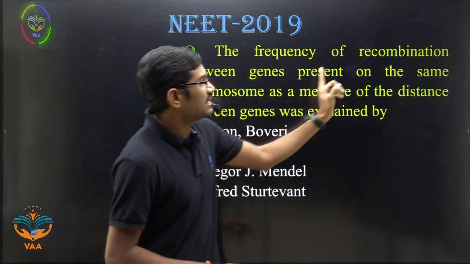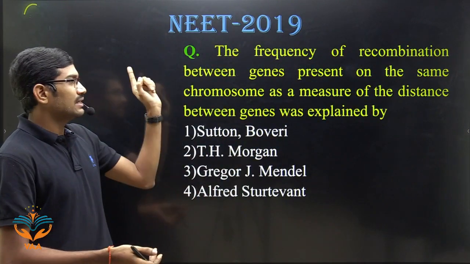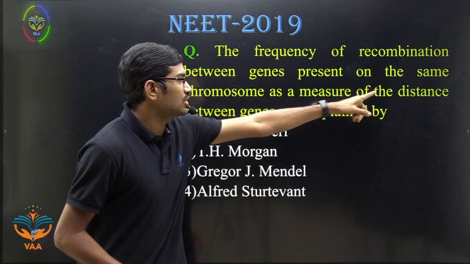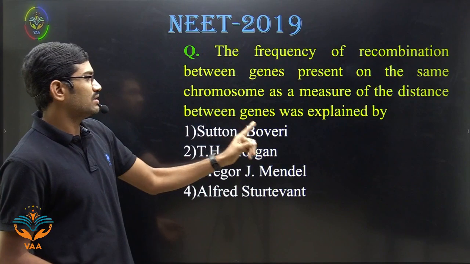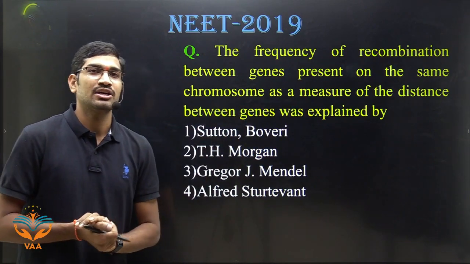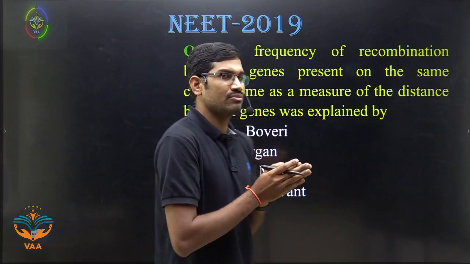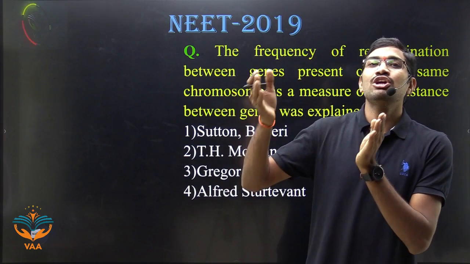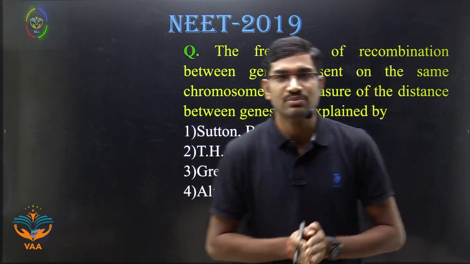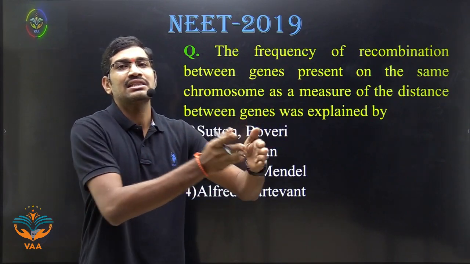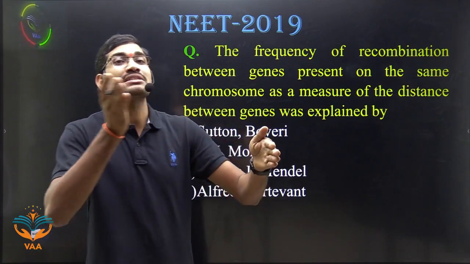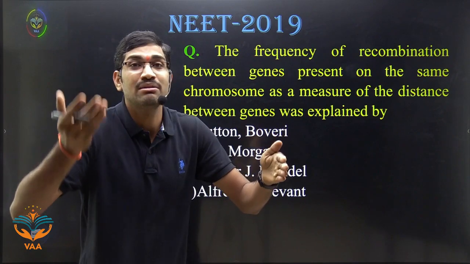Next one, the frequency of recombination between genes present on the same chromosome as a measure of distance between the genes was explained by whom? What they are asking is actually who developed these genetic maps. As the distance increases, the percentage recombination increases, so percentage recombinants or crossovers will be more.